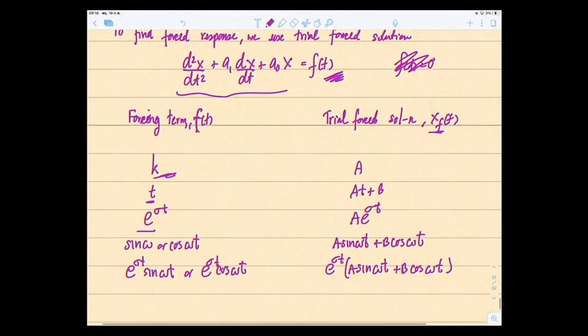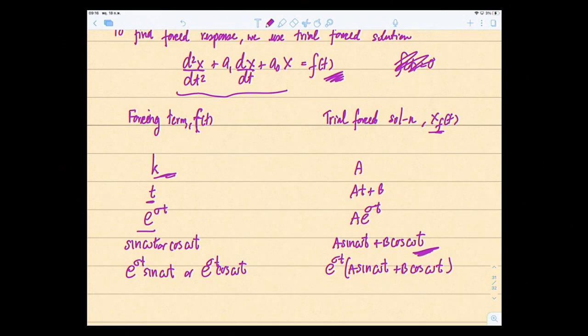And if your forcing term f of t is in sinusoidal form, either sine omega t or cos omega t, then your trial solution is A sine omega t plus B cos omega t.